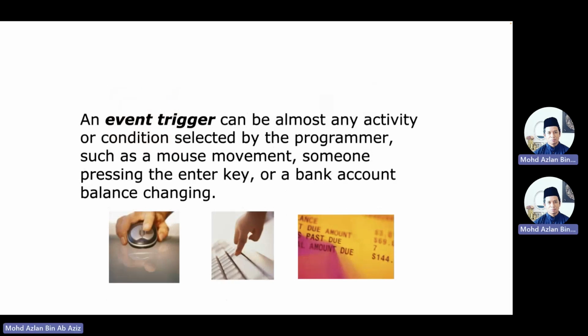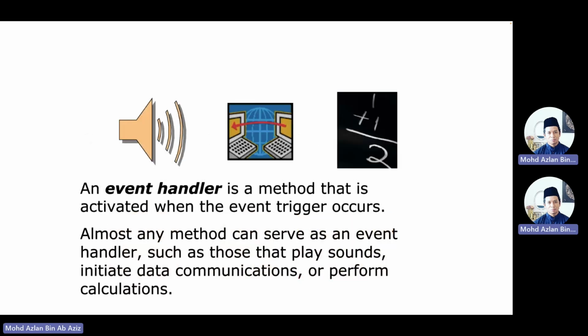Event trigger can be almost any activity or condition selected by the programmer, such as mouse movement, someone pressing the enter key, or a bank account balance changing. An event handler is a method that is activated when the event trigger occurs. Almost any method can serve as an event handler, such as those that play sounds, initiate data communications, or perform calculations.